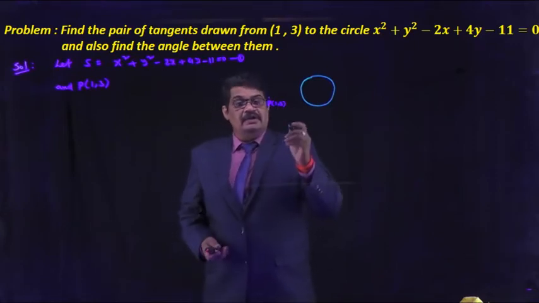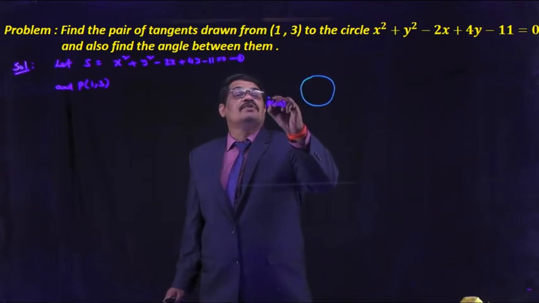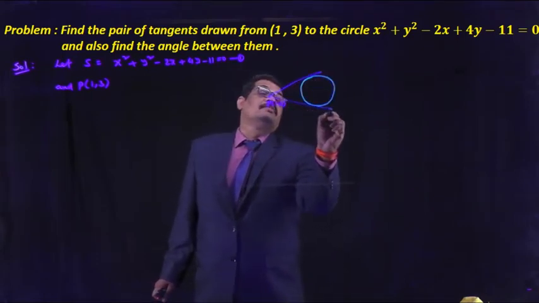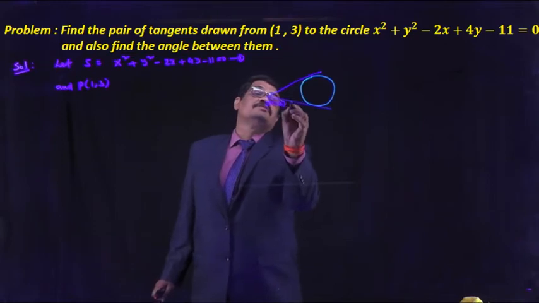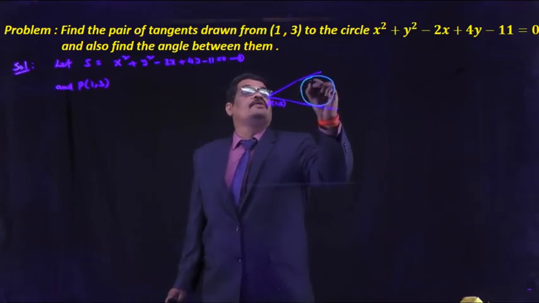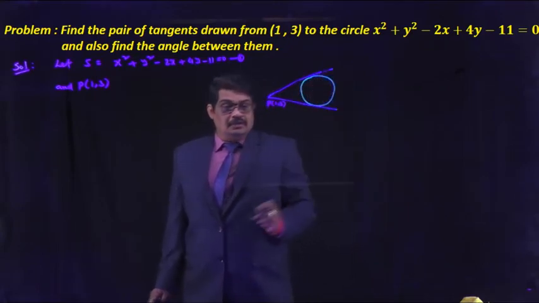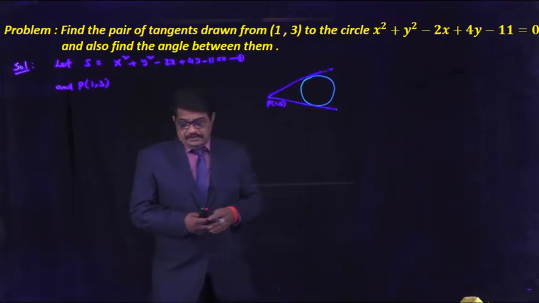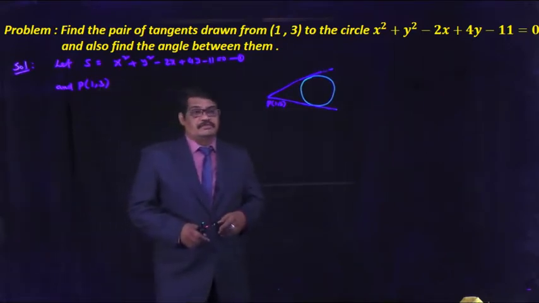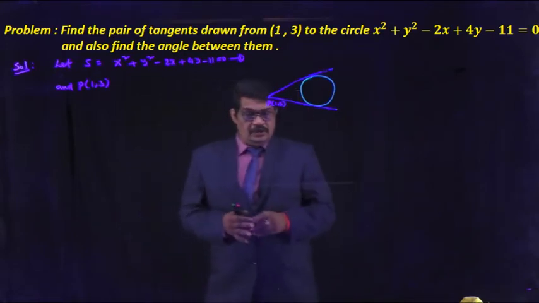Now I am writing the tangents, pair of tangents from this point to the circle. These are the pair of tangents from the given point to the circle. These are the pair of tangents from the point 1 comma 3 to the circle.